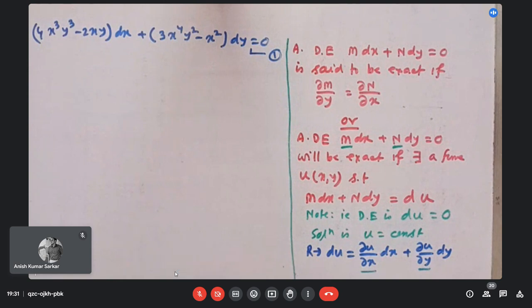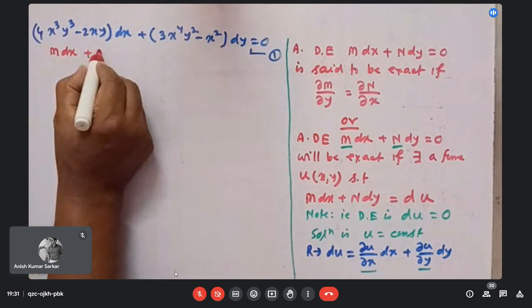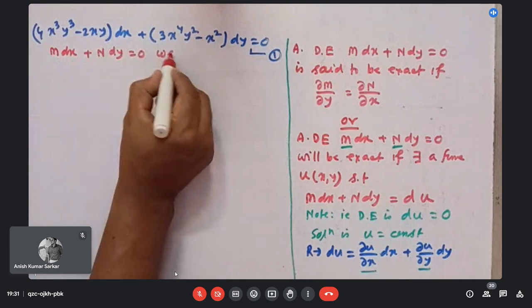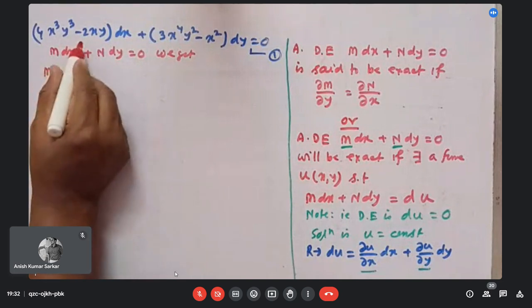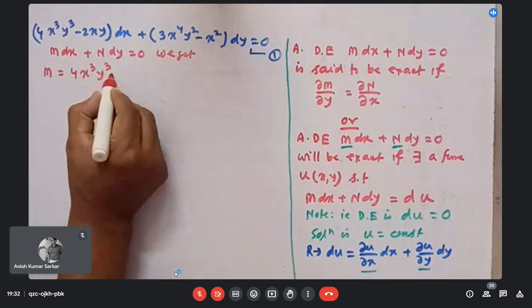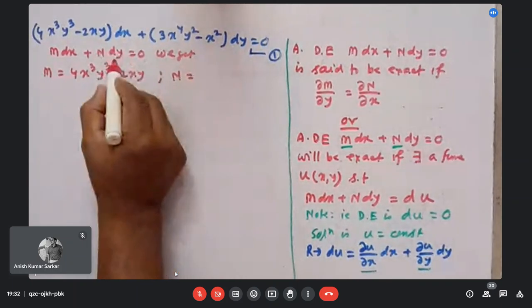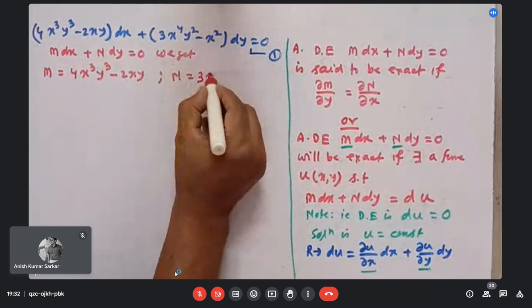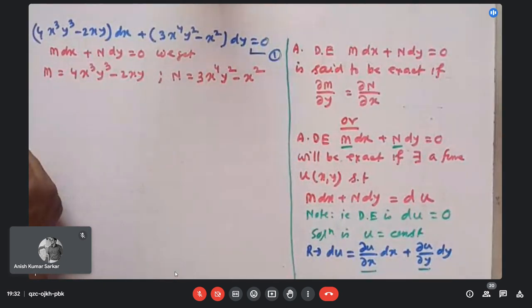Comparing this equation with m dx plus n dy is equal to 0, we get m is equal to, with dx, 4x cube y cube minus twice xy, and n is equal to, with dy, 3x to the power 4 y square minus x square.